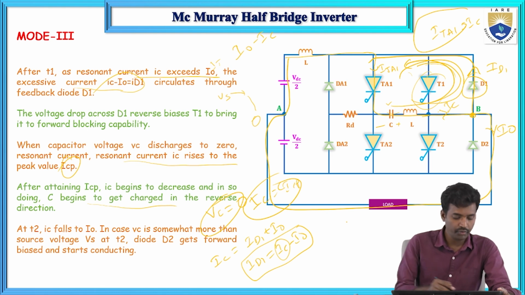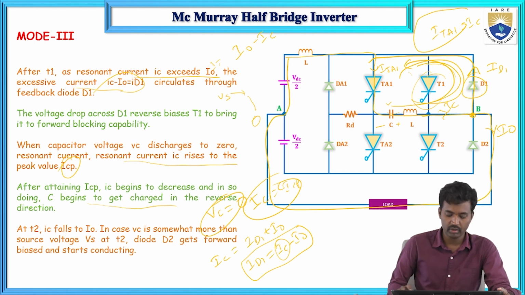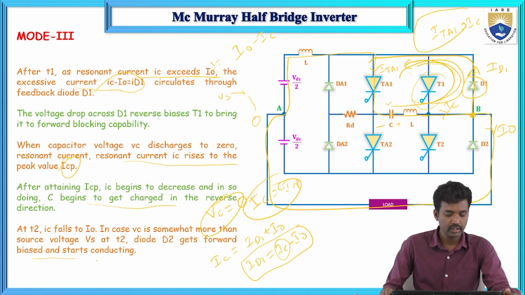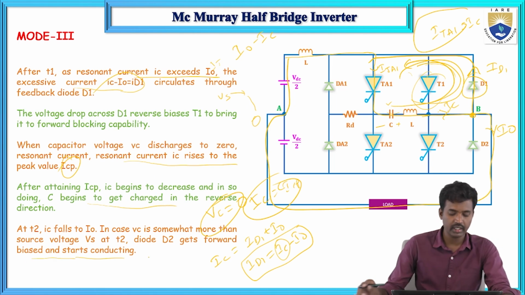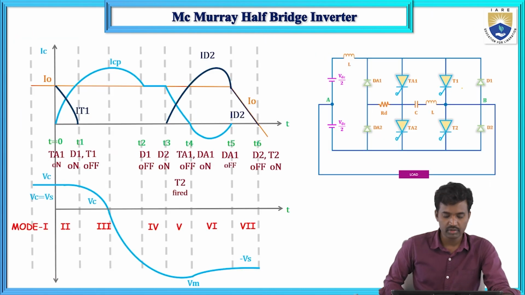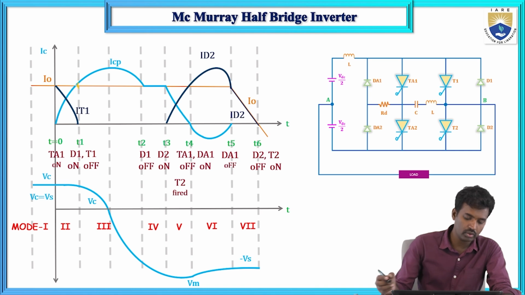In the waveforms at T equals T2, IC falls to I0. The voltage is somewhat more than Vs at T equals T2, so D2 will get forward biased and start conducting. Now, this is mode 2. At T equals T1 the capacitor is discharging.